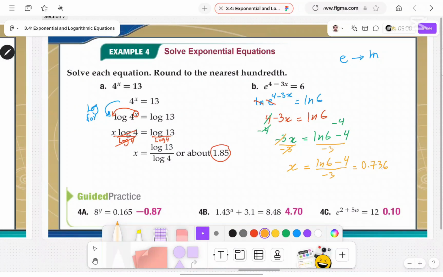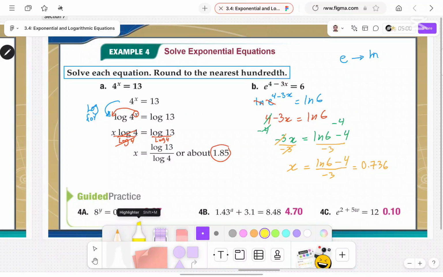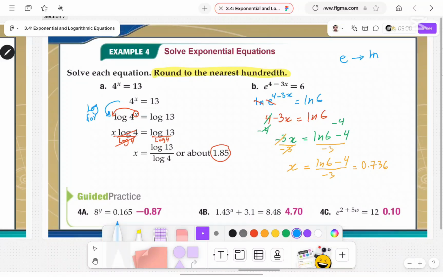0.736. Okay? Or, because of the question, read the question, guys, always read the question, round to the nearest 100th, because it's saying round to the nearest 100th. We know that when I have 0 point, for example, 5, 3, 4, 6, this digit 5 represents the tenths, this digit represents the hundredths, this digit represents the thousandths, and this 0 before the decimal represents the ones.